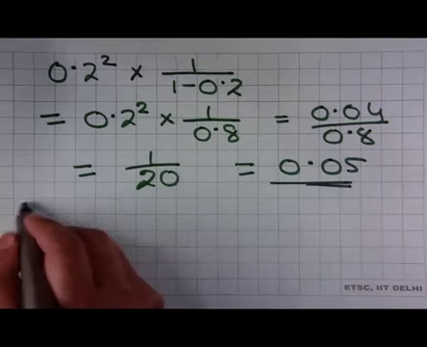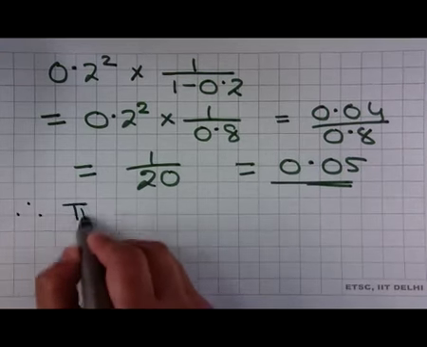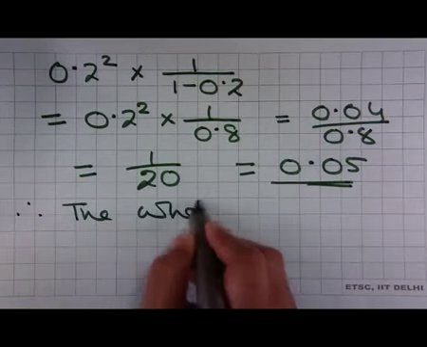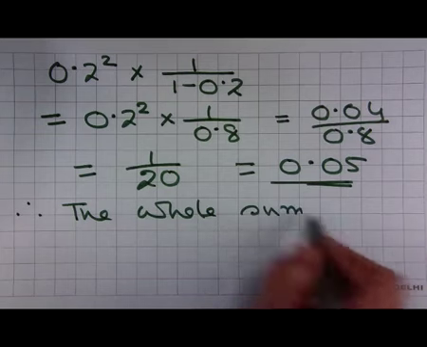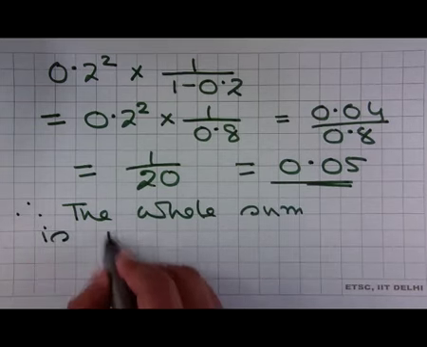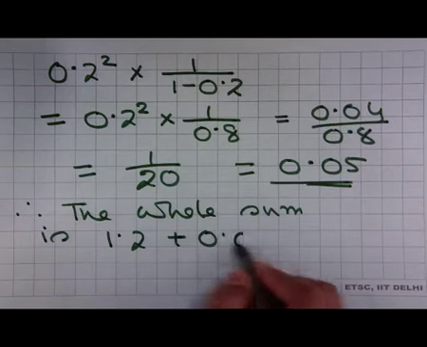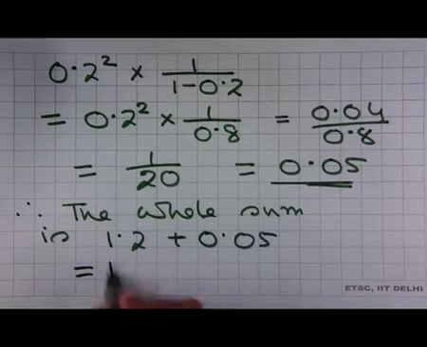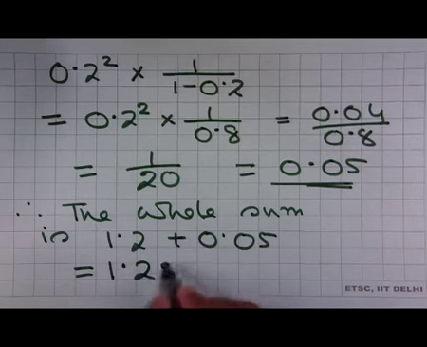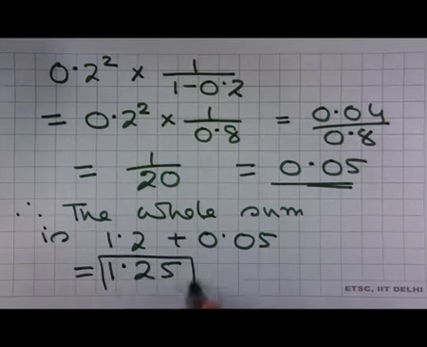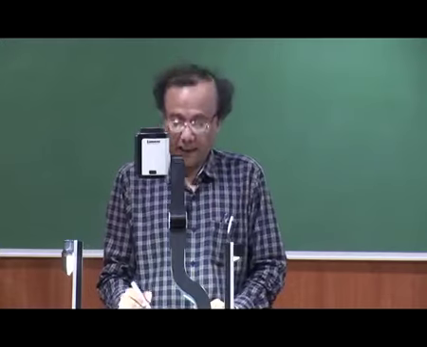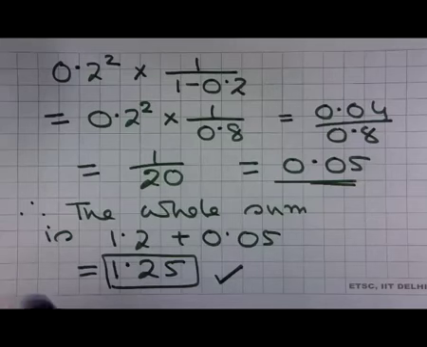Therefore, the whole sum is 1.2 plus 0.05 equal to 1.25, and we know that that is the right answer.